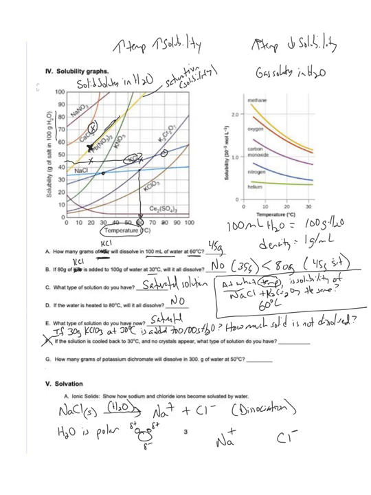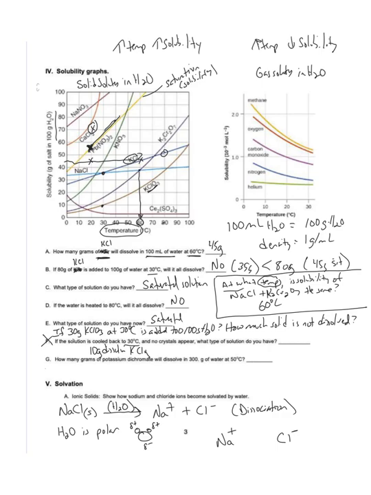If 30 grams of potassium chlorate at 30 degrees is added to 100 grams of water, how much solid is not dissolved? Again, we've got to find the potassium chlorate line, which is right here. We're at 30 degrees. In all these problems, the first thing you want to do is find where the line is at that temperature. So for potassium chlorate at 30 degrees, the line is at around 10, which means it will dissolve 10 grams of potassium chlorate for every 100 grams of water.